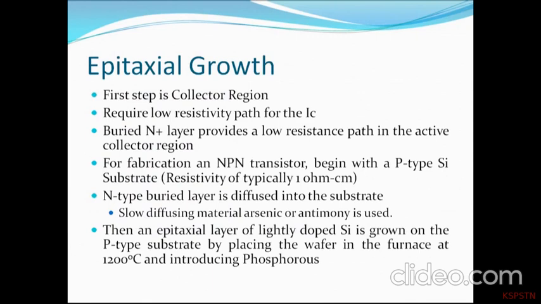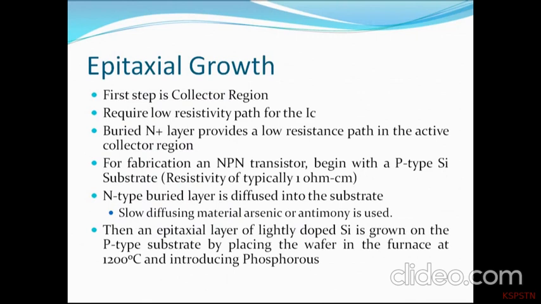collector contact, capital C. For fabricating an NPN transistor, begin with a P-type silicon substrate having a resistivity of typically 1 ohm centimeter. The N-type buried layer is diffused into the substrate.